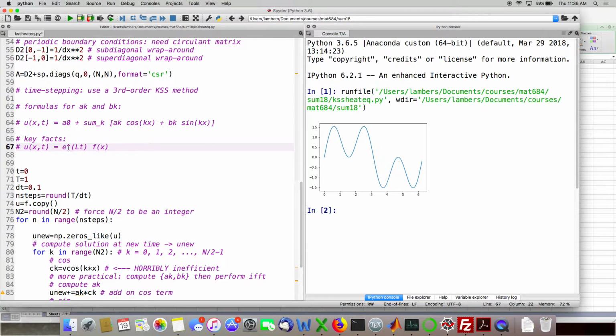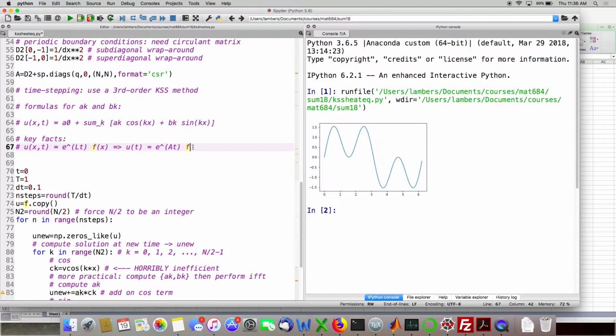So if you take your spatial differential operator that can be exponentiated, it's well defined for periodic boundary conditions. That operator applied to f of x gives you the solution. Now for our system of ODEs, that translates into the following. U of t is equal to e to the AT, where A is the matrix we created earlier, times f. So this is what we're after, at least approximately.